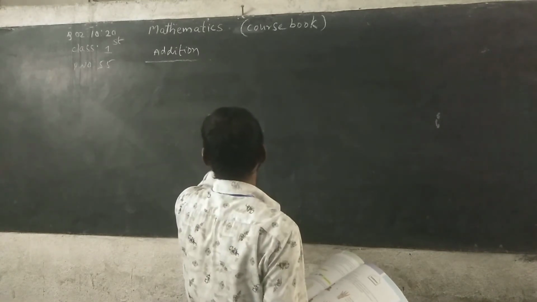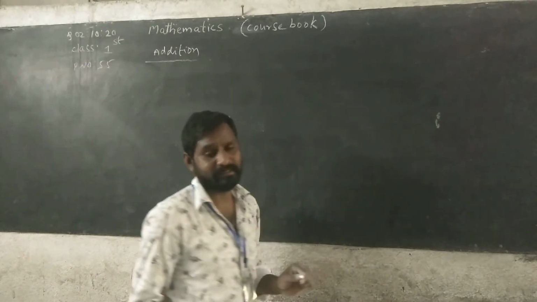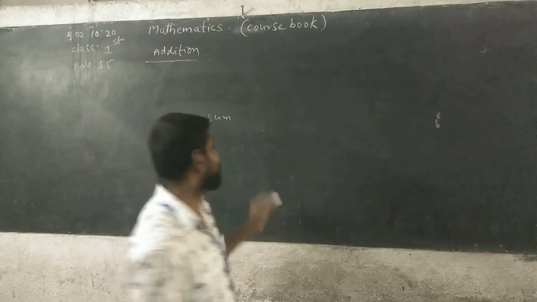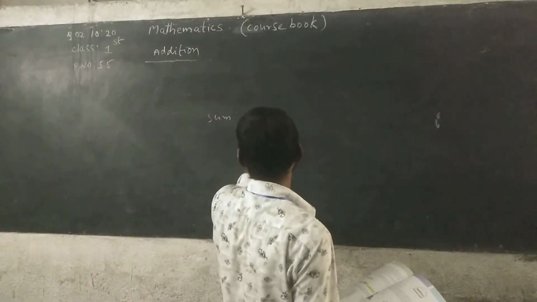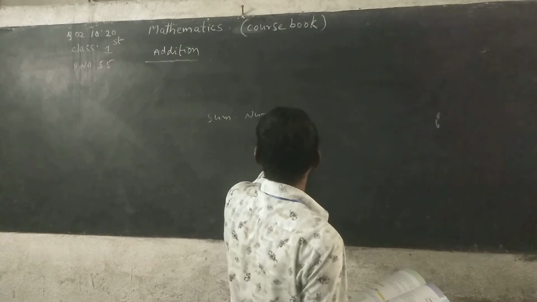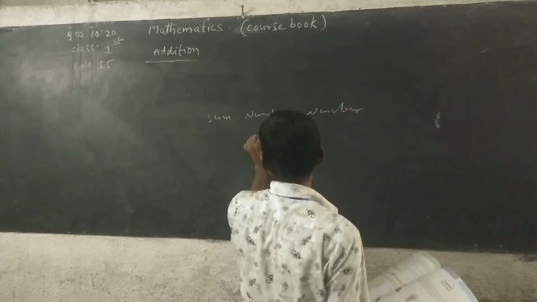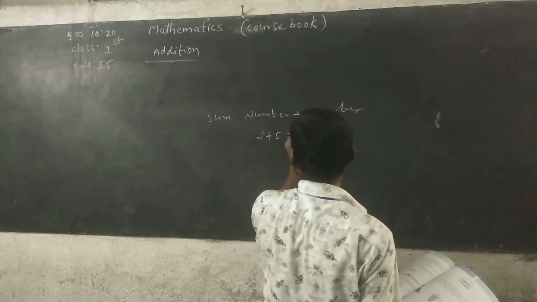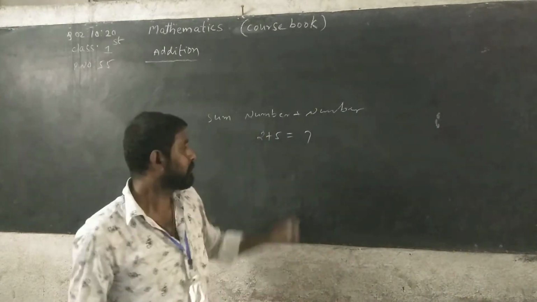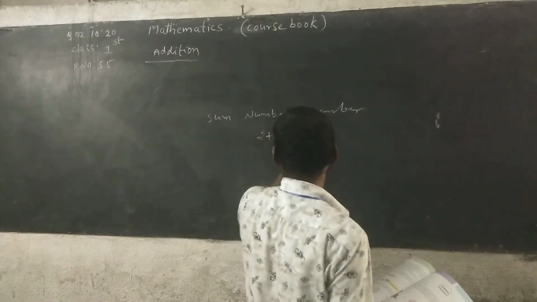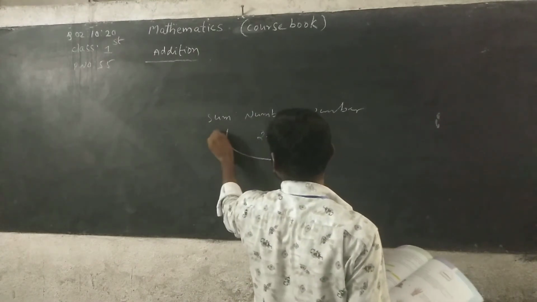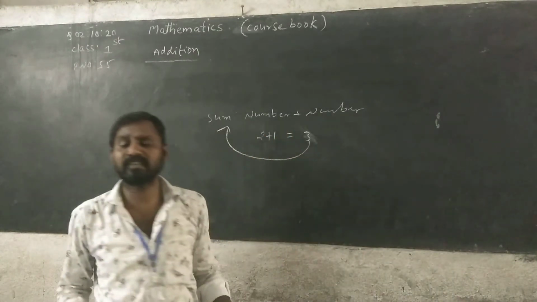Sum means the result of addition. Number plus number means here 2 plus 5, what do we get? 7. See here, 2 plus 1, you get 3. 3 is the sum. The result of addition is known as the sum.